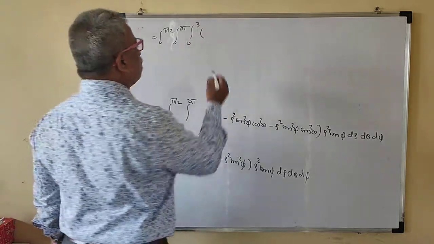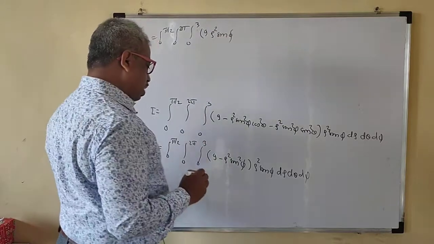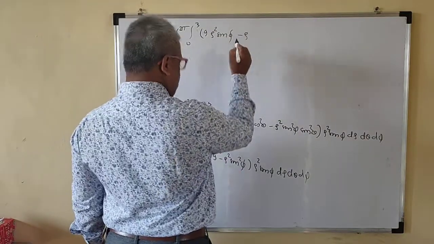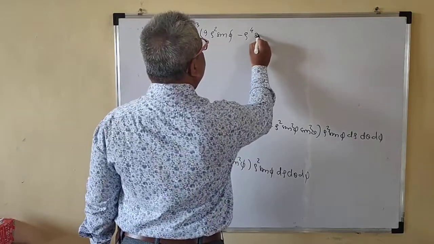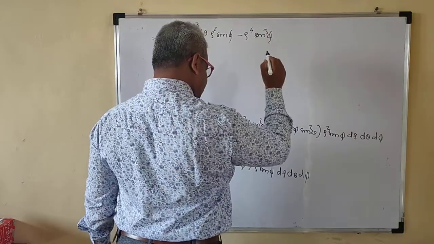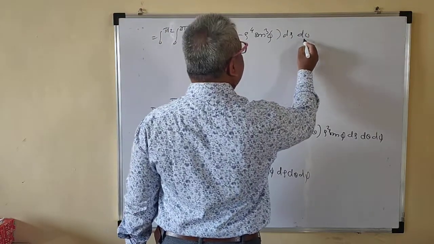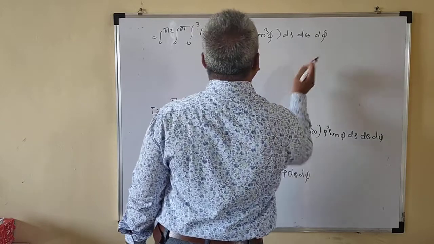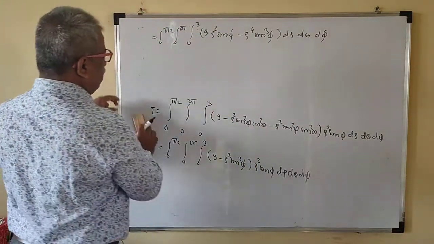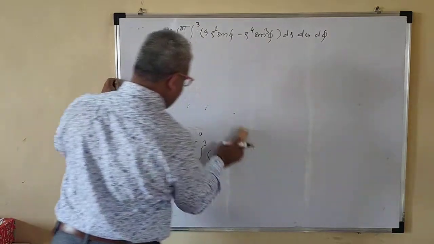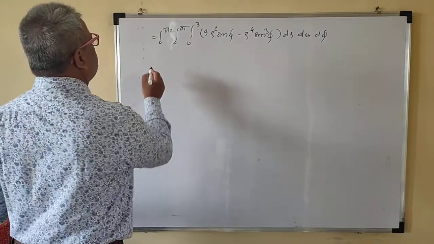We multiply this one: 9 rho square sin phi minus rho to the power 4 sin cube phi d rho d theta d phi. Now there is no theta, so no problem for theta. You can directly integrate it. First we will integrate with respect to rho, and then we will decide the rest.